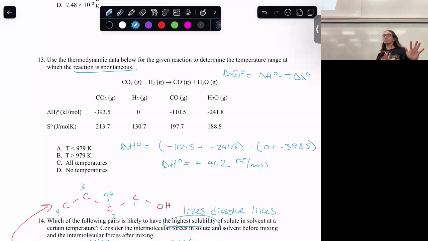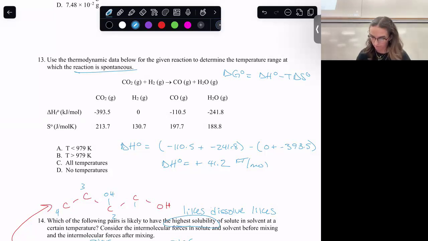So again, we're in that same situation where we have a positive delta H, which means that it's an endothermic reaction. It's not favorable by the universe, or it's not preferred by the universe. So is it always going to be spontaneous?